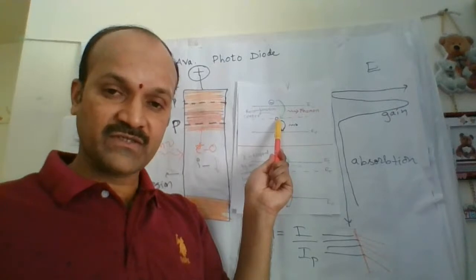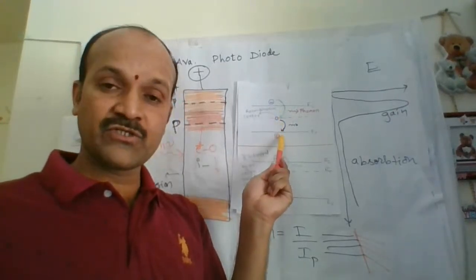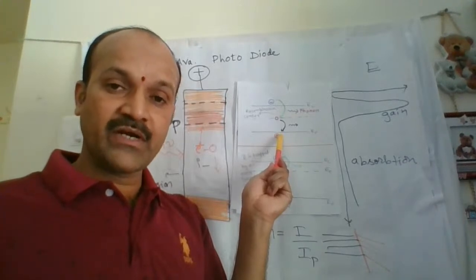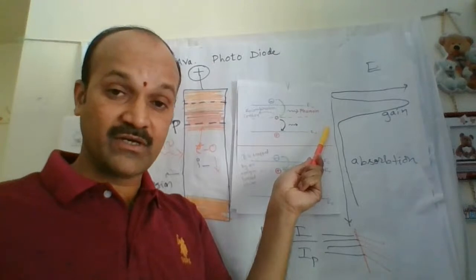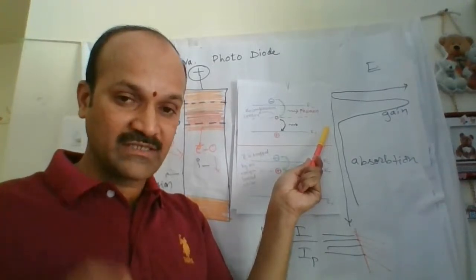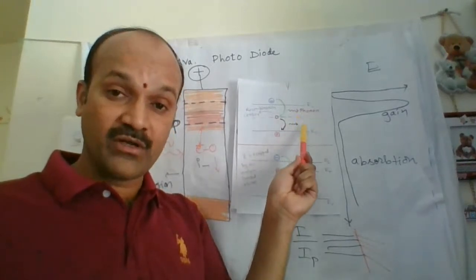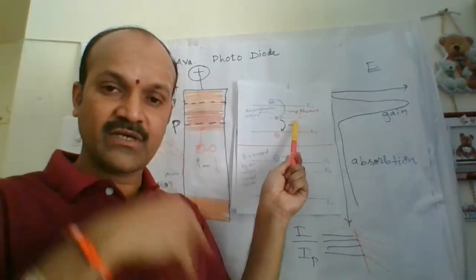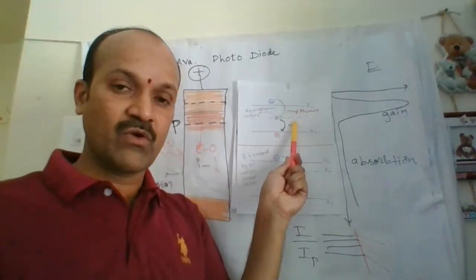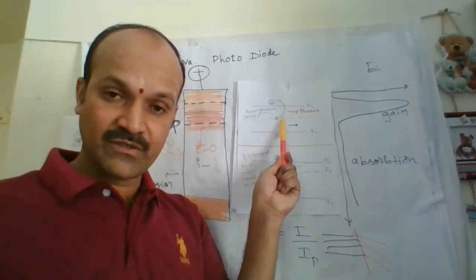The electron first reaches the recombination center and again reaches the valency band and recombines with hole. In this case also phonon is released, it is not radiative recombination. Photon is not released. Photon is not going to be emitted in this case. Phonon, lattice vibration. That lattice vibration again converted as heat. Okay, this is called recombination at recombination center.